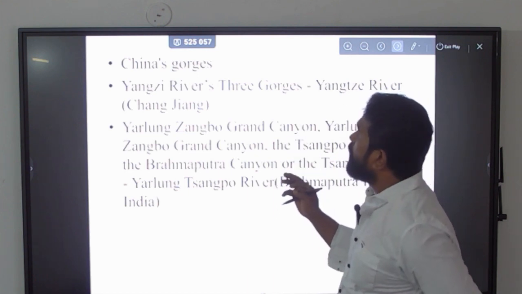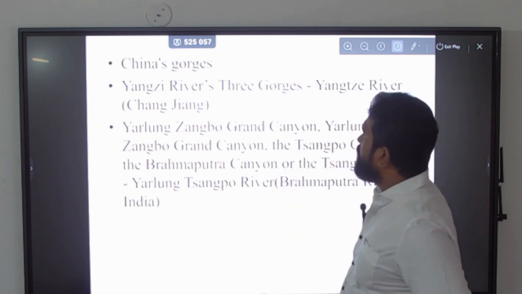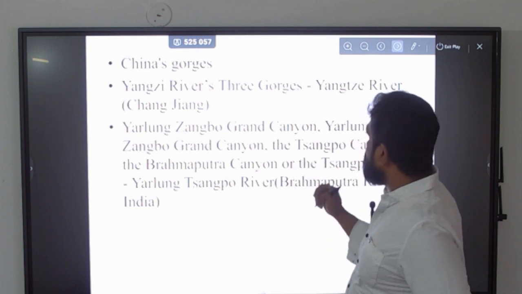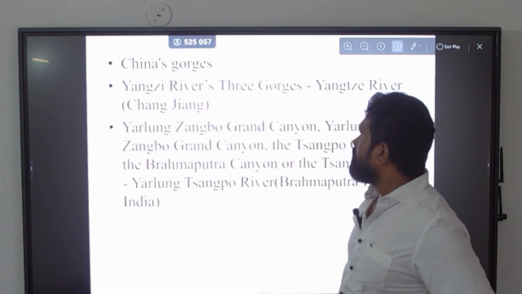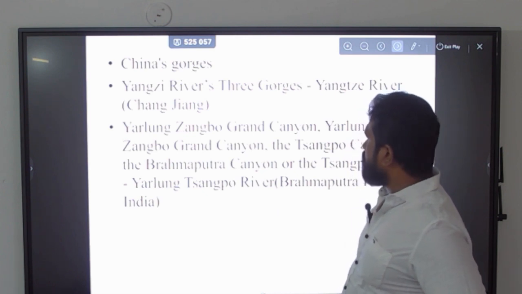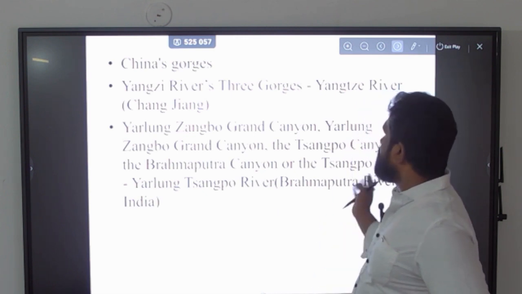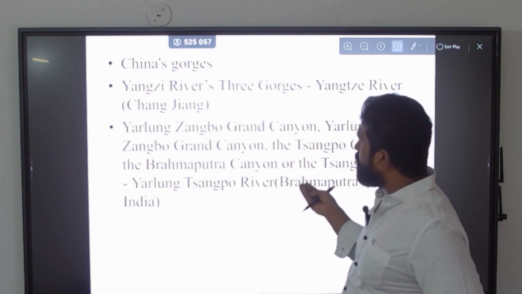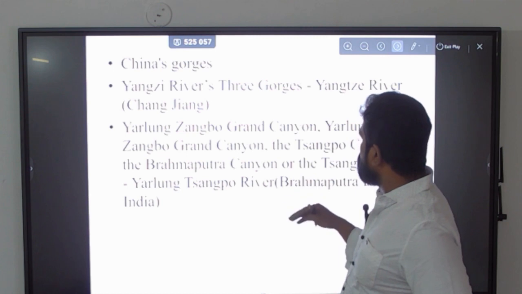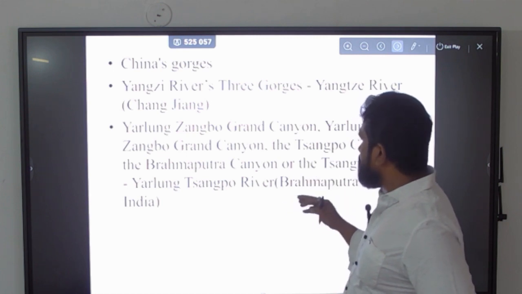You see the more important gorges in China. The Three Gorges of the Yangtze River, also called Changjiang. And the Yarlung Zangbo Grand Canyon, also called the Tsangpo Canyon and the Brahmaputra Canyon. This is by the Yarlung Zangbo River.